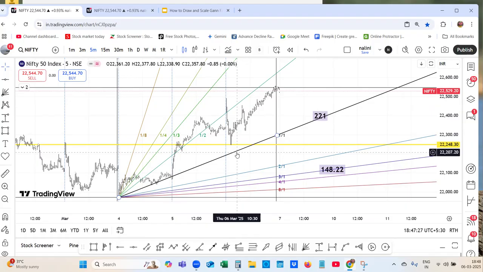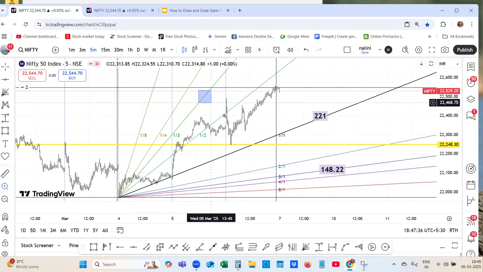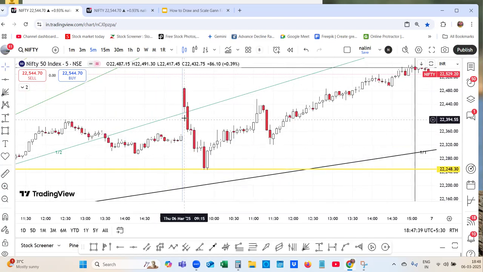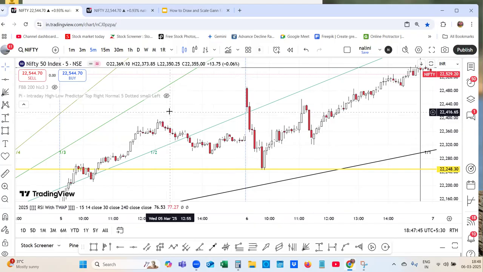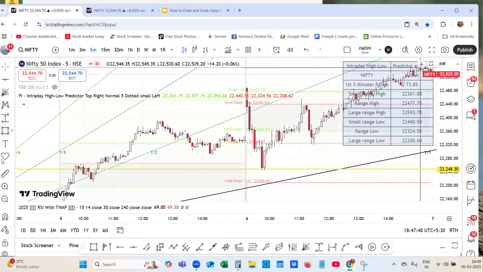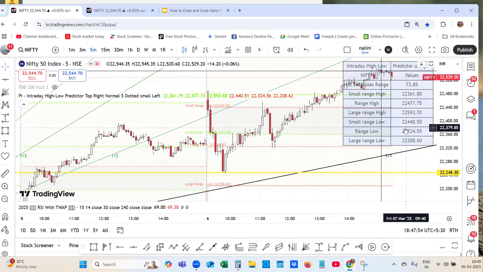You are looking for buying in the market, and it provided a buying opportunity as well as a selling opportunity in the first 5 minute candle. What I usually do, in that first 5 minute candle I got the selling opportunity by applying the pi calculation. It was showing the lower levels to be 22,361, small range low, 22,340, range low, and 22,324.